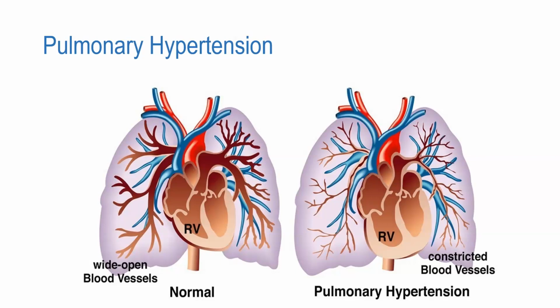And you're going to have pulmonary venostasis. And if you have pulmonary venostasis, you're going to have RV stasis. And if you have RV stasis, you're going to have RA stasis. And then you're going to have systemic venostasis.